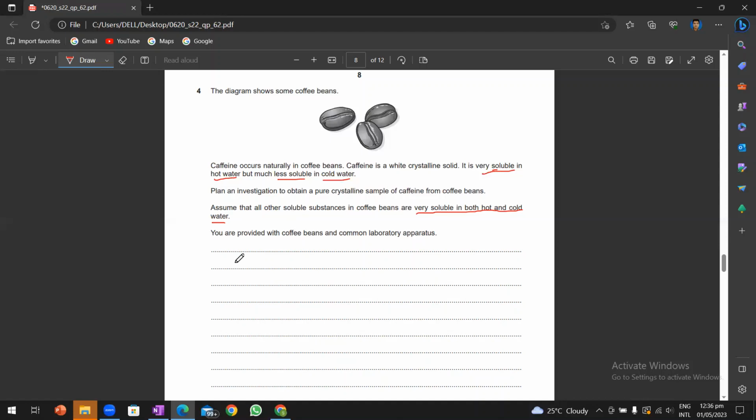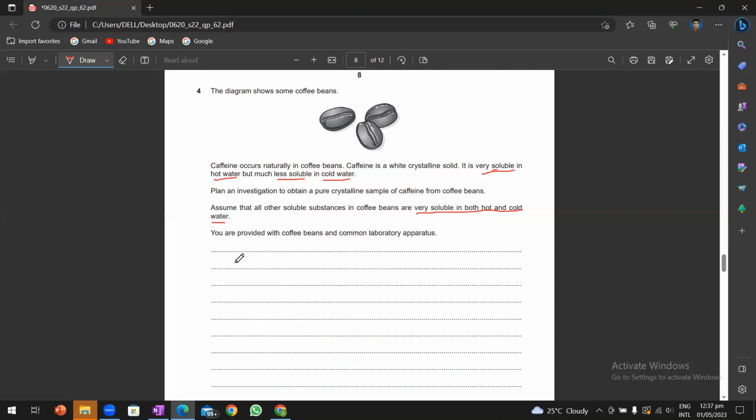Crystallization is a process to separate a pure solid in the form of crystals. We get pure crystals of the solid. We separate them from the impurities which remain in the solution, and we separate out the pure crystalline solid.